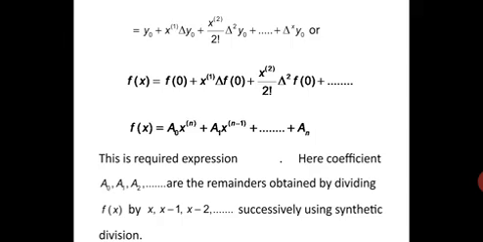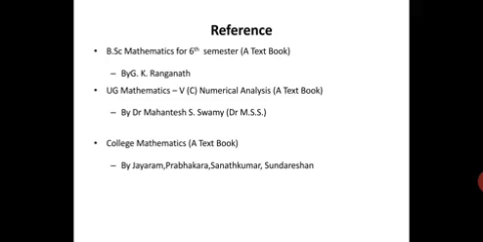So we can get this by dividing the function by x, x minus 1, x minus 2 successively using the synthetic division method. We can get it. Okay, so we'll see it.